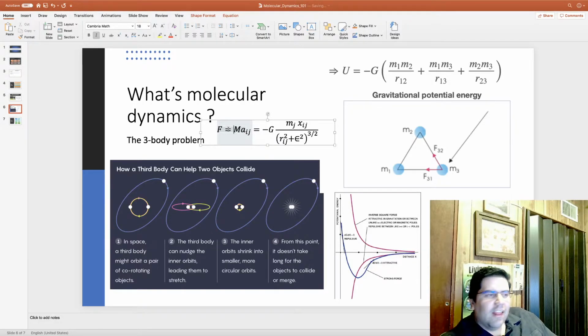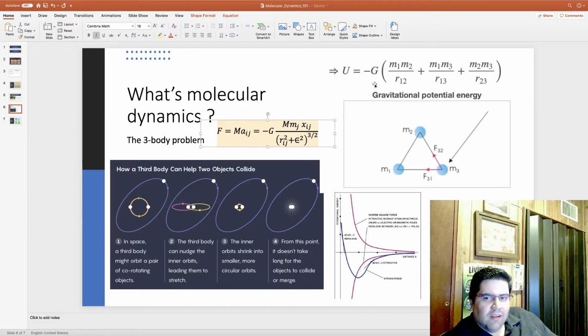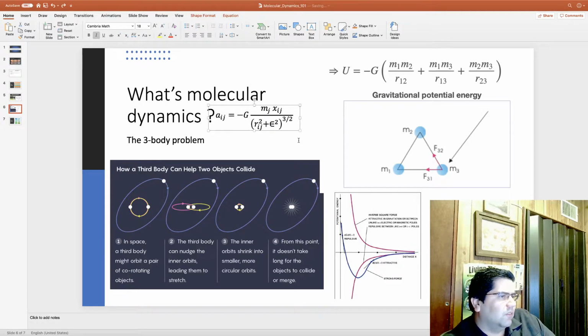This equation right here is exactly the one that we got from having the potential by calculating the gradient. So this component right here is actually the acceleration. Now there's another thing that we have to consider. You're probably gonna ask me, hey, wait a minute, if I go back to this image.